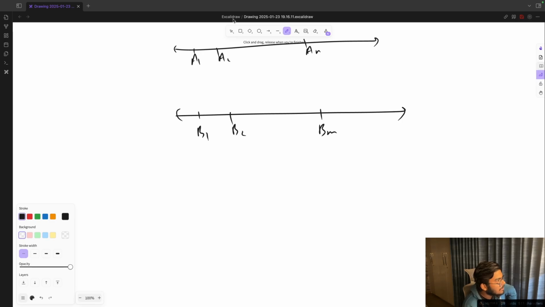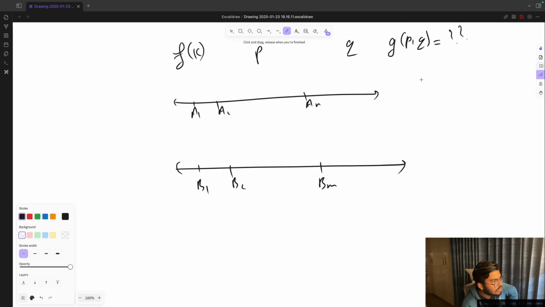Now if I am performing p operations on line 1, that means after p operations I will have removed 2p points from line 1 and p points from line 2, right? Similarly, if I'm performing q operations on line 2, I have to remove 2q points from line 2 and q points from line 1.